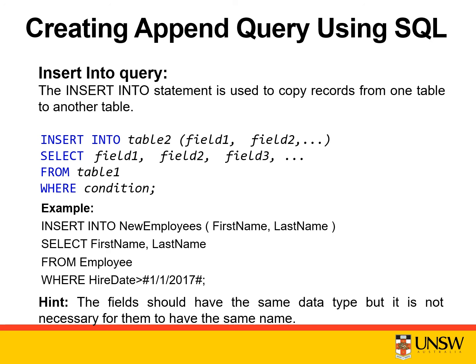And in the from part, type the original table name. Finally, in the where part, type the condition. For example, this sample statement shows how we can create a query to add first name and last name of the employees who are employed after 2017 into an existing table called new employees table.